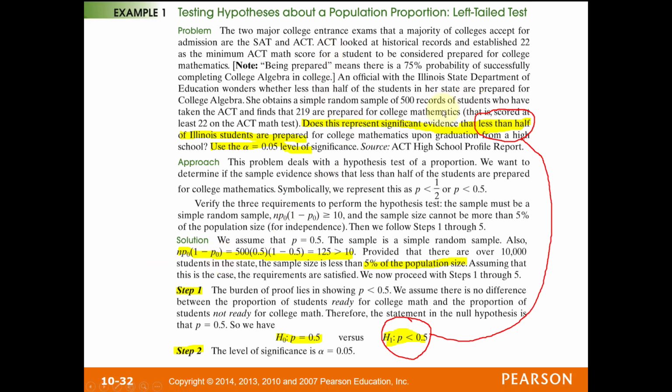This right here is just showing you that if they're talking about majorities, or less than half, more than half, then your null hypothesis is always equals a half, 0.5. And then less than, or greater than a half. Majority, greater than.